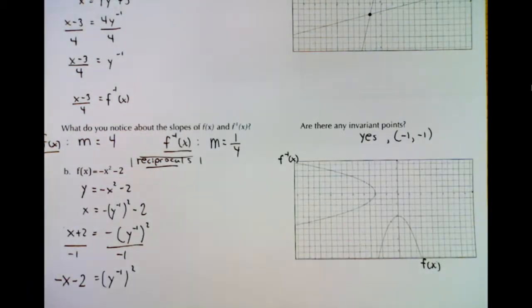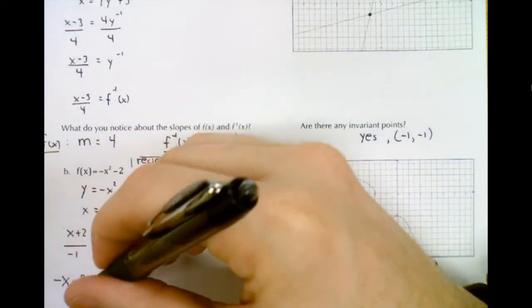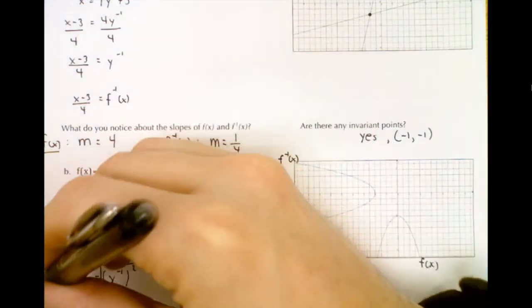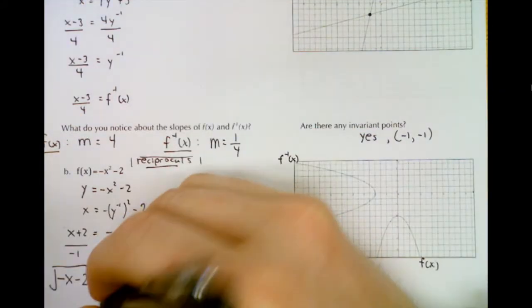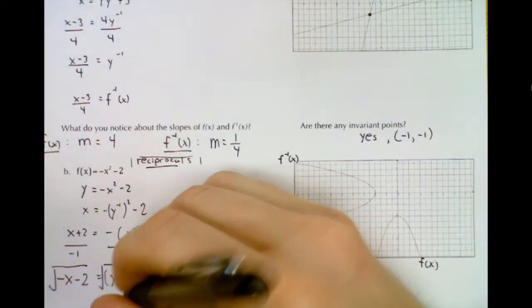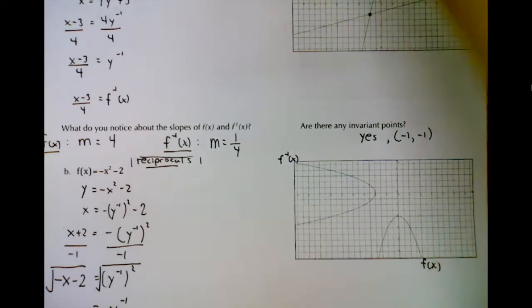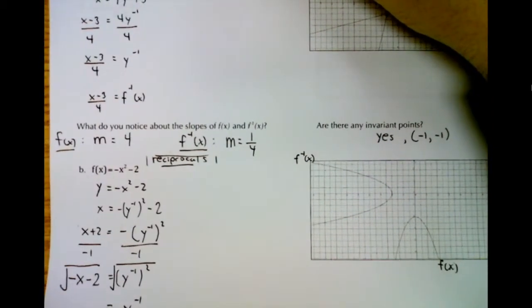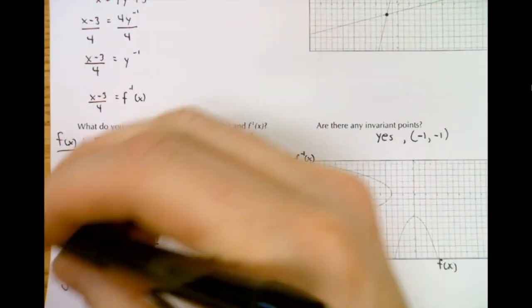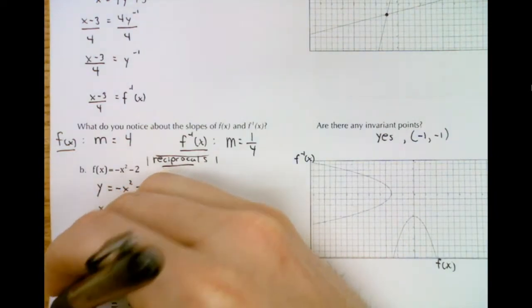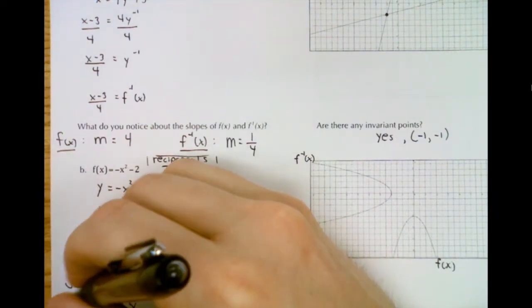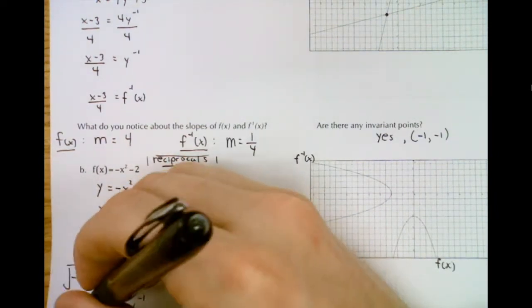And one last step, to get rid of a squared, we could square root both sides. And something interesting happens here. When you square root, you're actually going to get 2 answers. You're going to get a plus and a minus answer. So we get a positive and a negative, and we're square rooting -x minus 2.